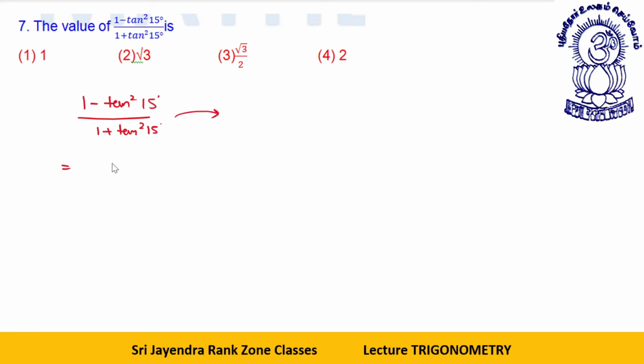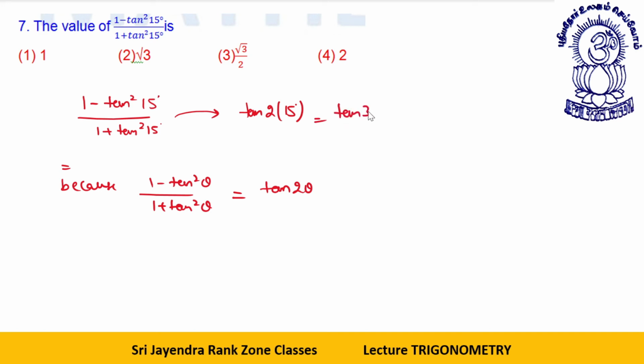Let me write, this will be tan 2 into 15 degree, because we have a formula 1 minus tan square theta upon 1 plus tan square theta is equal to tan 2 theta. This becomes tan 30 degree. What is the value of tan 30 degree? Tan 30 degree is 1 by root 3.